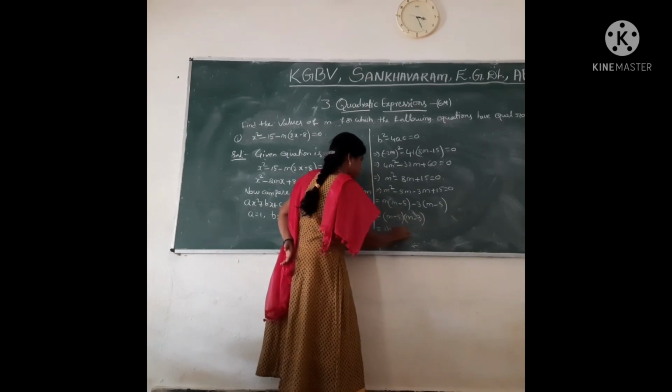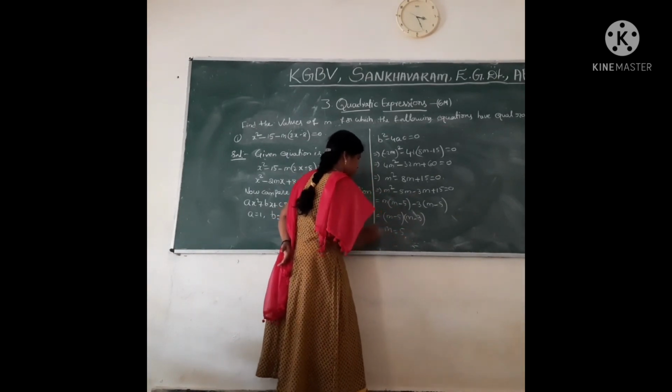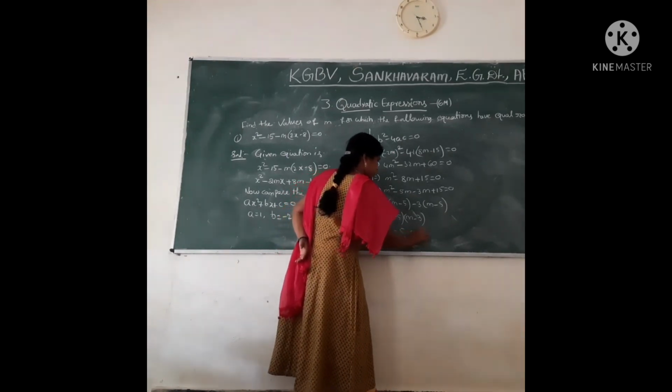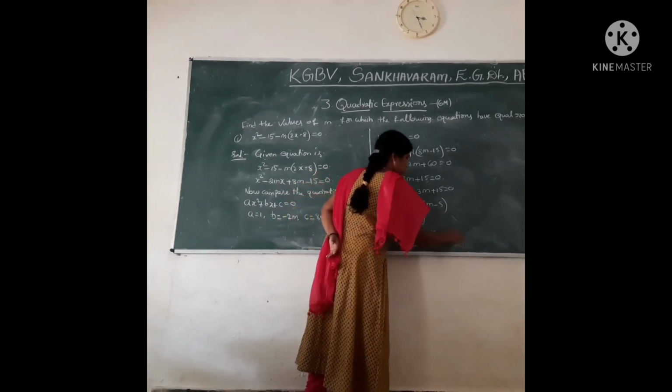Therefore m minus 5 equal to 0 and m minus 3 equal to 0, that implies m is equal to 5 and m is equal to 3.